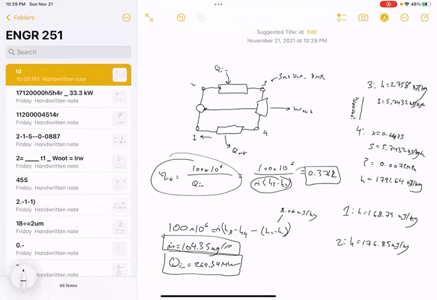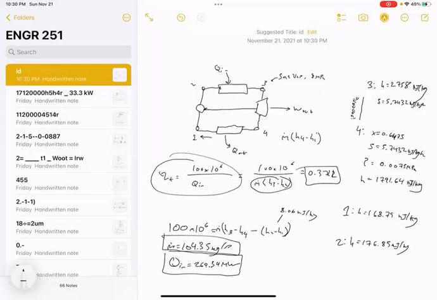And then the rate of heat transfer in the condenser. So exactly the same thing, but we're just using the enthalpy drop from 4 to 1. So if we do M dot times H4 minus H1, which is 104.35 times H4, 1791.64 minus H1, which is 168.79.